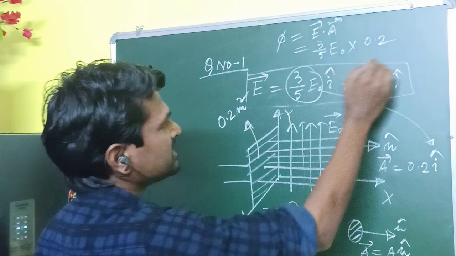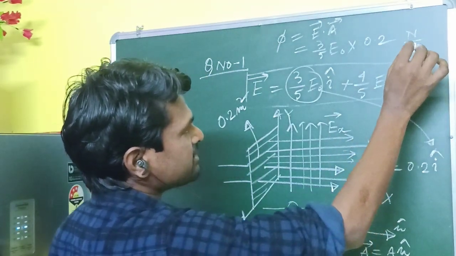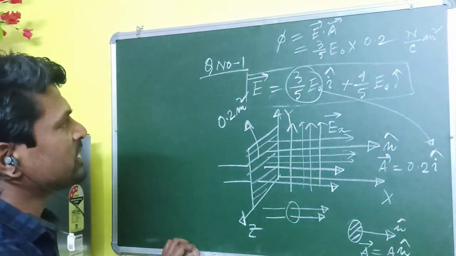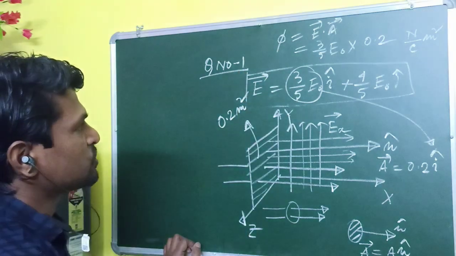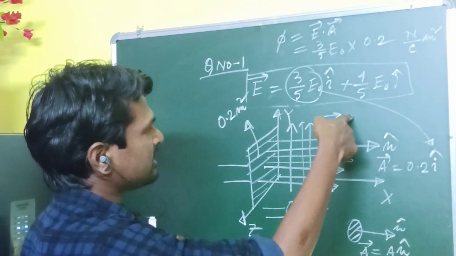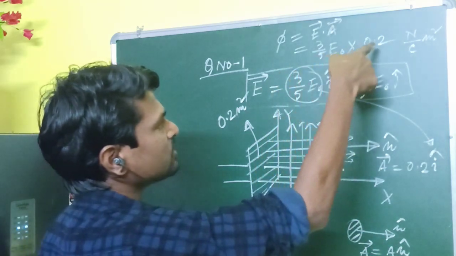The unit of flux is Newton by Coulomb, that is electric field, times meter square, that is surface area. So electric field and surface area, that is flux. So 3 by 5 E naught, and E naught is given, so multiply this into this into this.